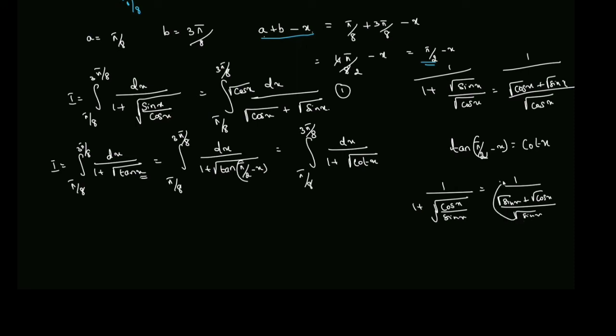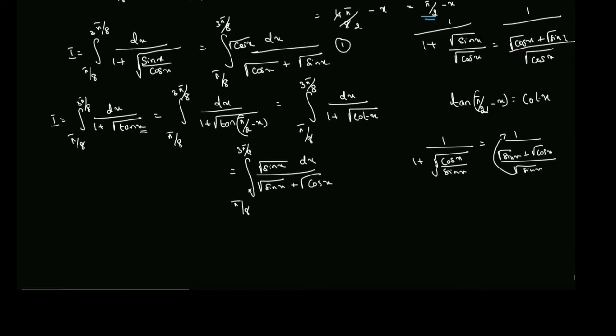This root sin x goes up to the numerator, so I is the integral of root sin x dx by root sin x plus root cos x, with limits from pi by 8 to 3 pi by 8. This is equation 2.